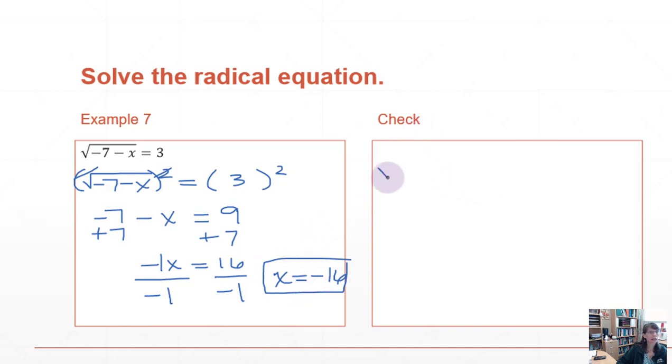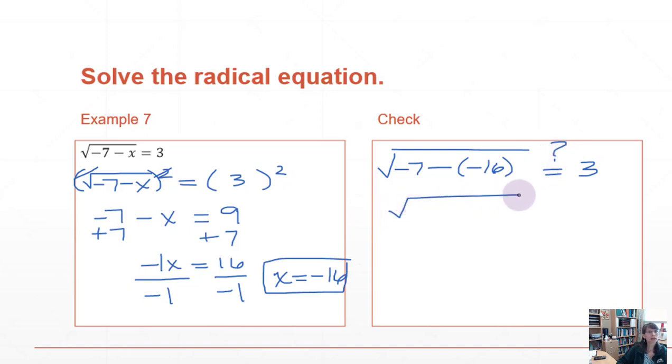Our check then, anywhere you see x in the equation, you replace it with negative 16. Under the radical, negative 7 minus our x value. This is a little tricky right there. We have subtraction of a negative. Does that equal 3? This is what we're checking.